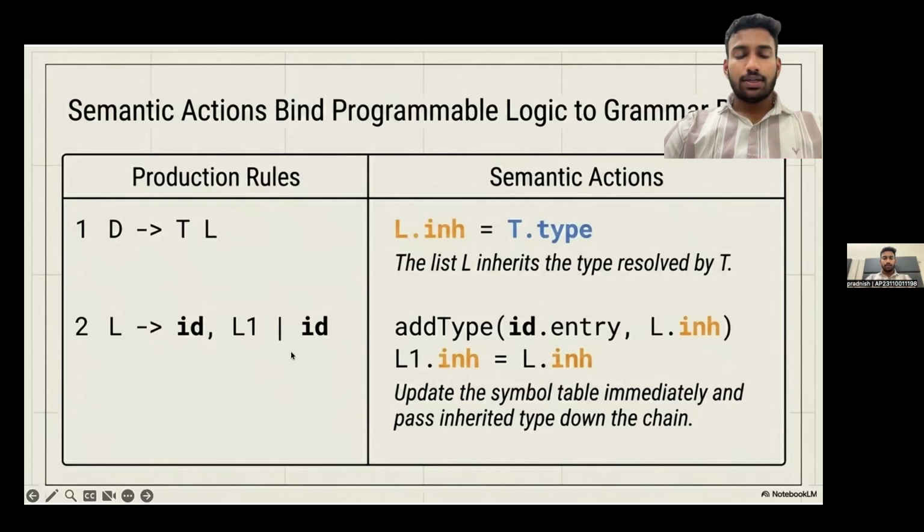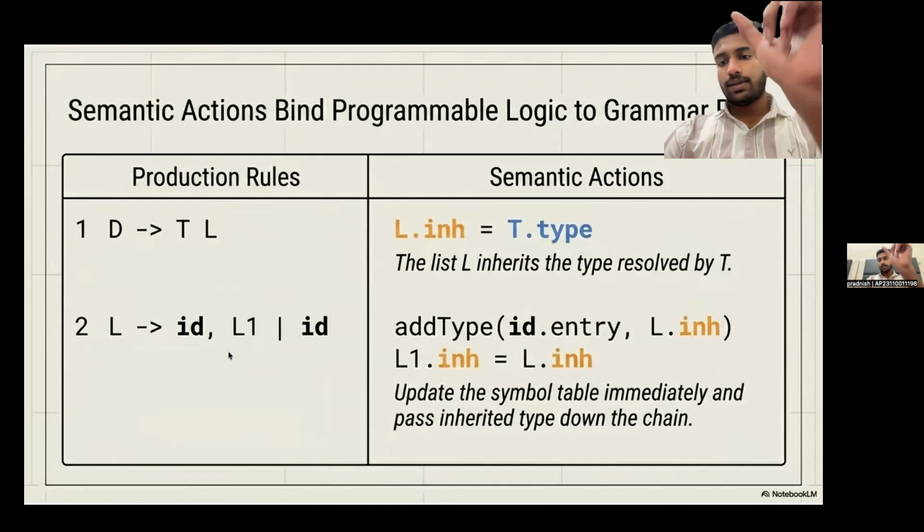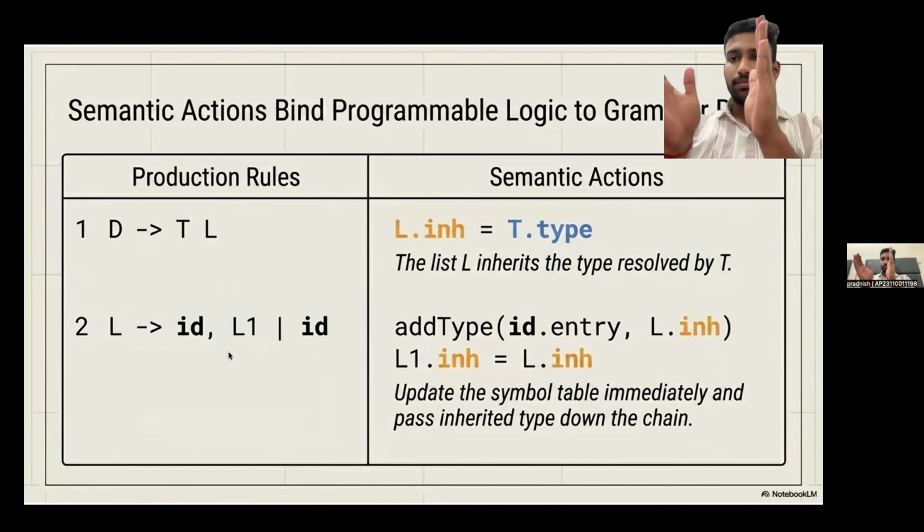And at the same time, for every identifier in this list, we run a function called addType to update our symbol table. This is how the symbol table inherits the property and adds them immediately. This is how we turn abstract grammar into programming logic.